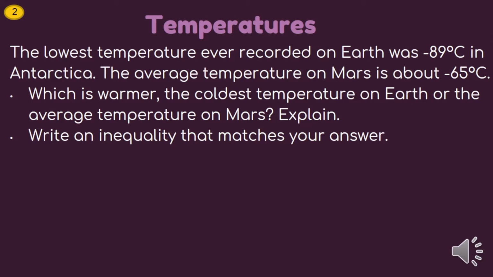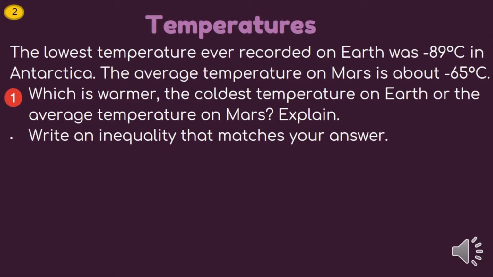There are two things we need to do in order to completely answer our problem. First, we need to answer the question, which is warmer, the coldest temperature on Earth or the average temperature on Mars, and we have to explain.